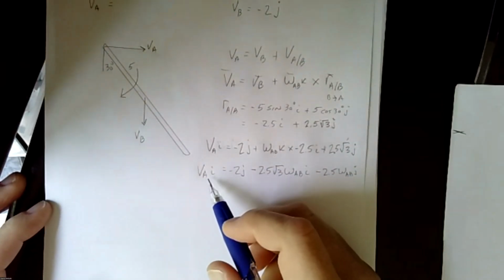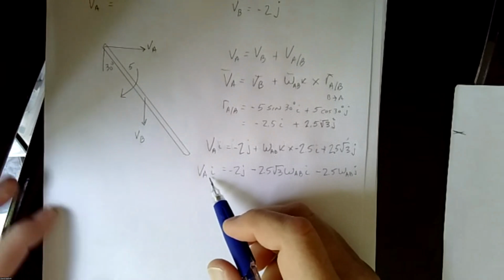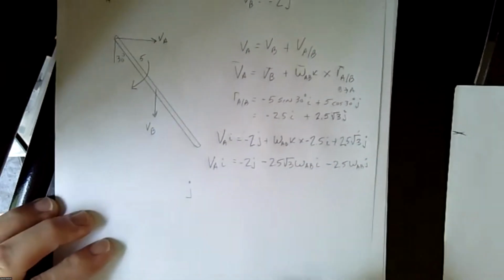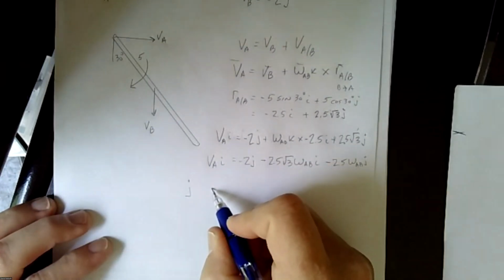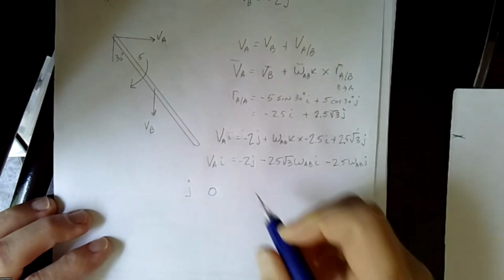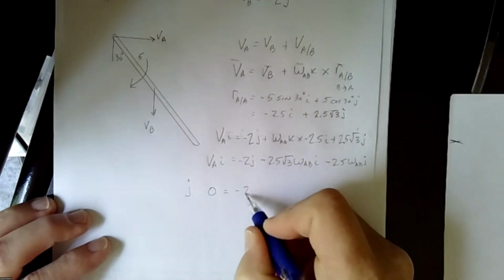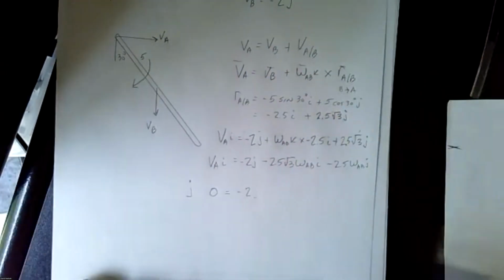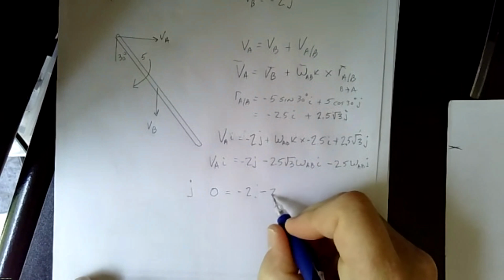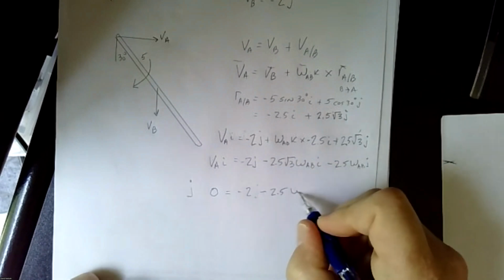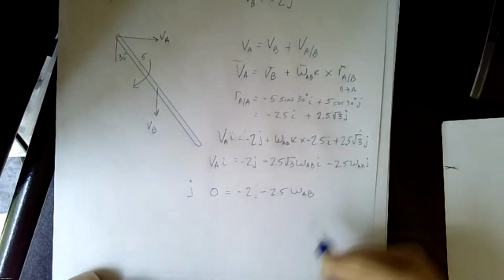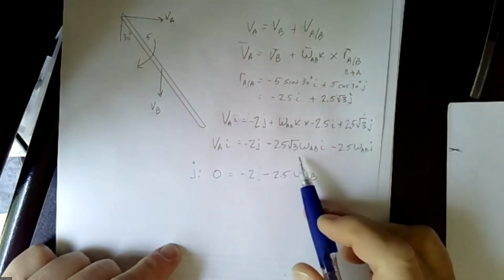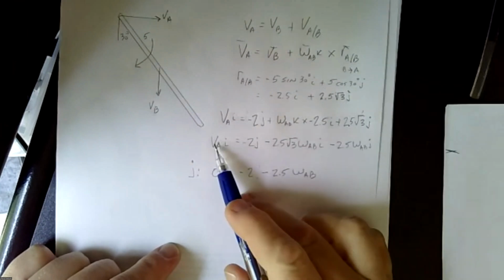It's 0. So what we can effectively do is say in the J direction, we have 0 equals negative 2 minus 2.5 omega AB. Because we're only looking in the J direction, we don't care about the other term.